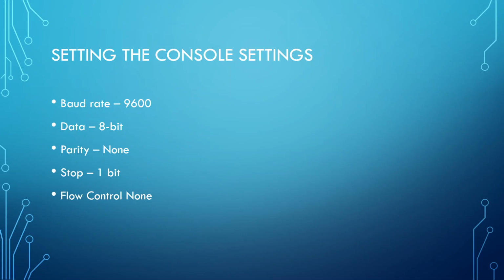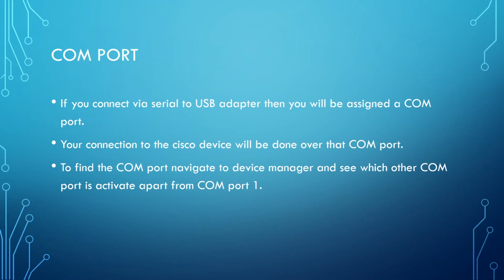So, moving on to the COM port. The COM port is just a virtual port present on your computer, and all the communication between the software program that you have downloaded and your Cisco device, to configure your Cisco device, takes place over it.